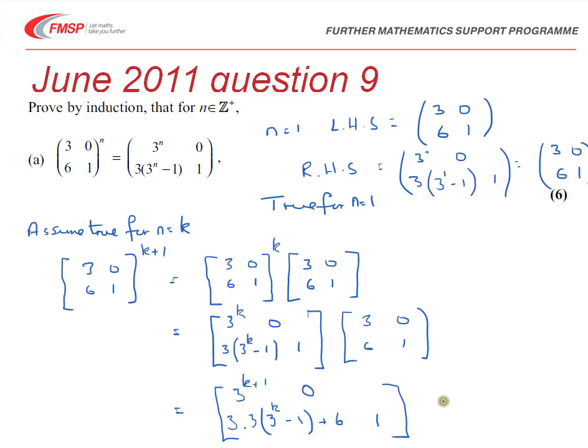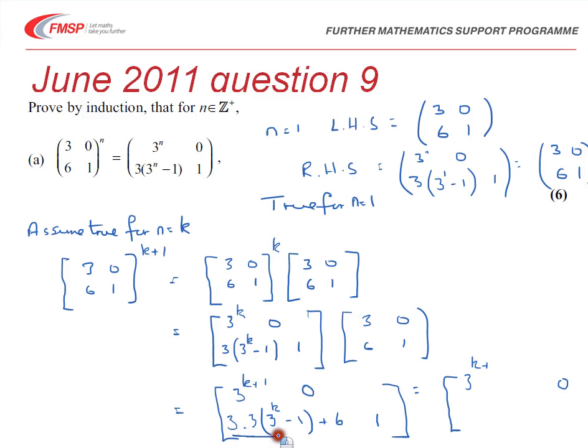Sorry about the lining up there. Now we need to calculate what these are equal to and express it in the form that we want. Now the top line is already there, 3 to the power k plus 1, 0.